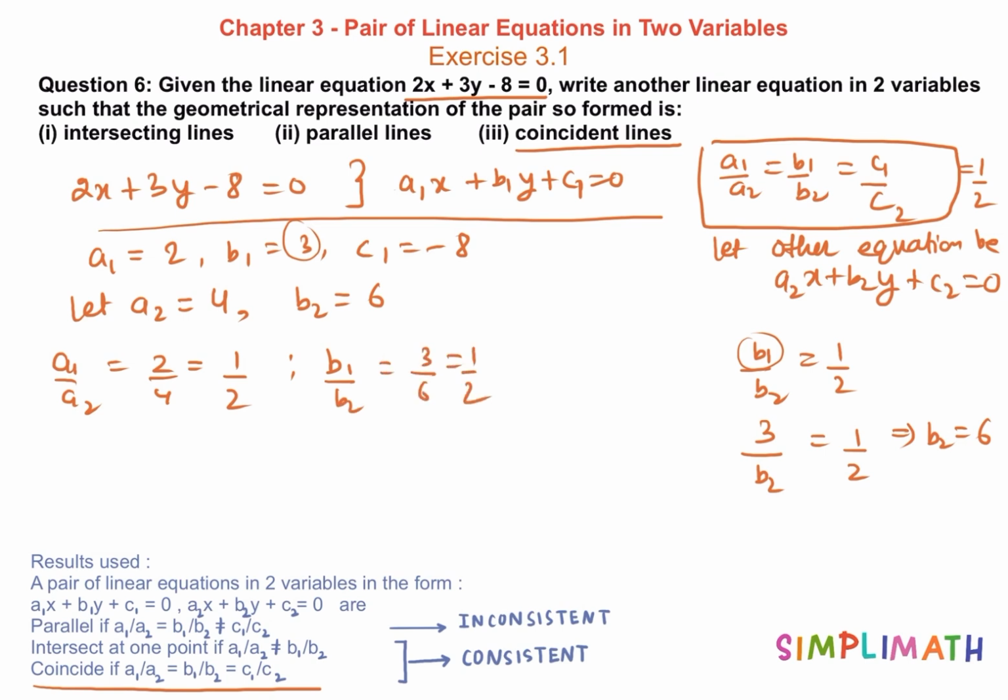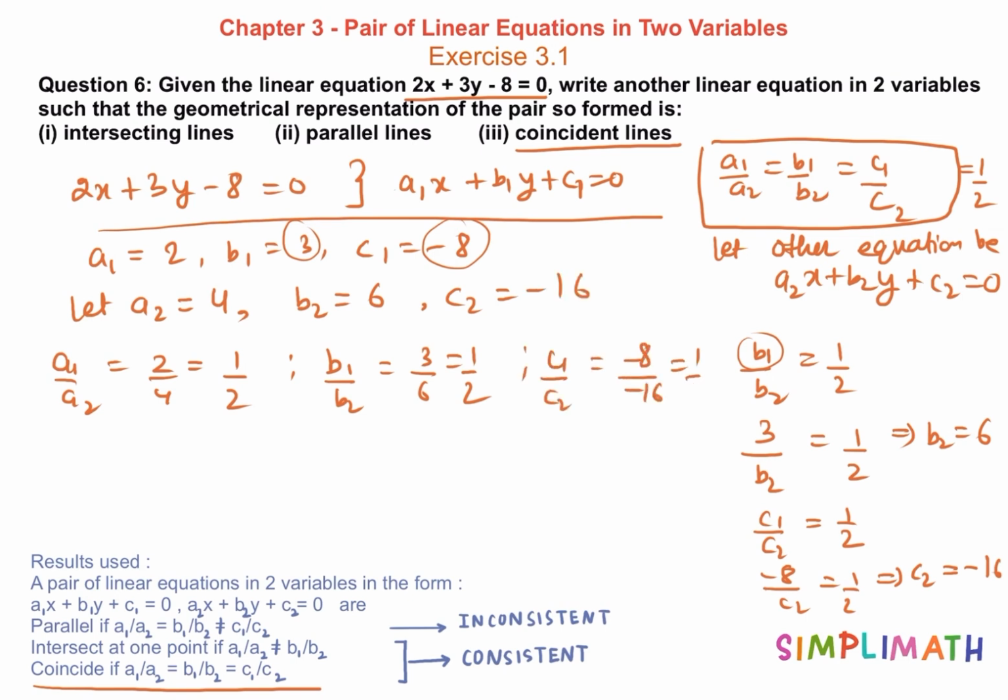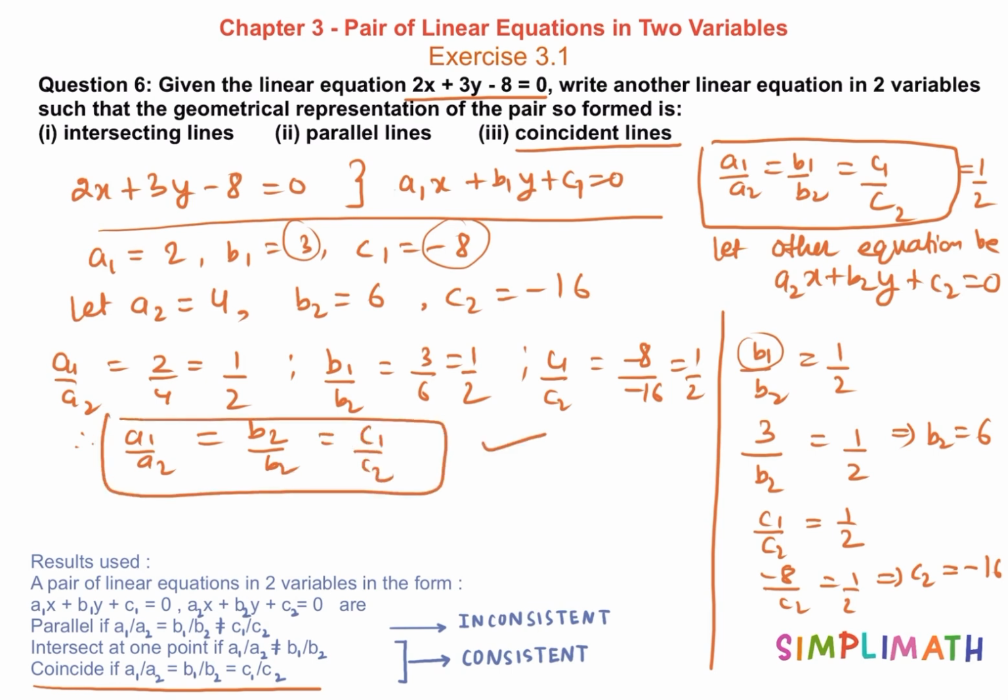Now similarly c1 by c2 should be equal to half and c1 is minus 8. So we get c2 equals minus 16, right? Only then c1 by c2 equals half. So this condition a1 by a2 equals b1 by b2 equals c1 by c2 is satisfied over here, right?